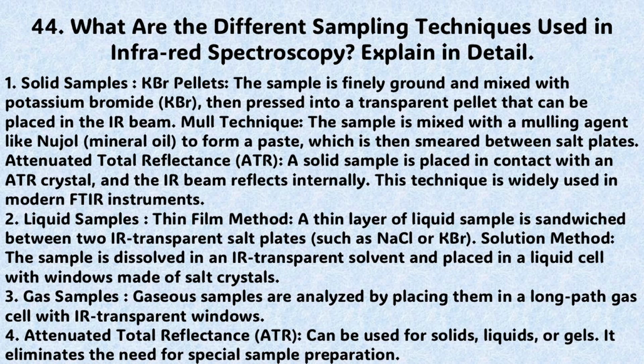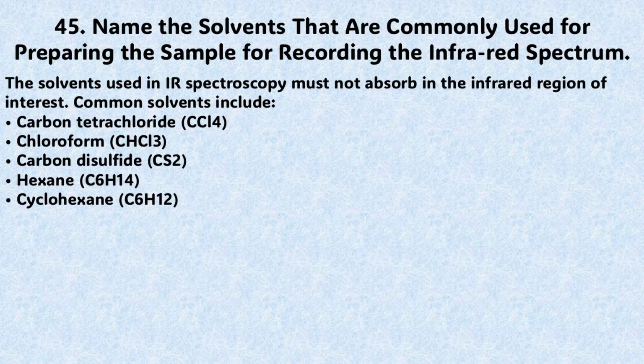The next question is question number 45. Name the solvents that are commonly used for preparing the sample for recording the infrared spectrum. The answer to this question is very simple. The solvents used in infrared spectroscopy must not absorb in the infrared region of interest.